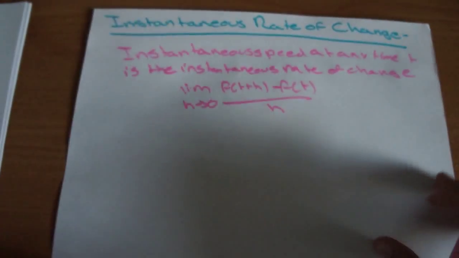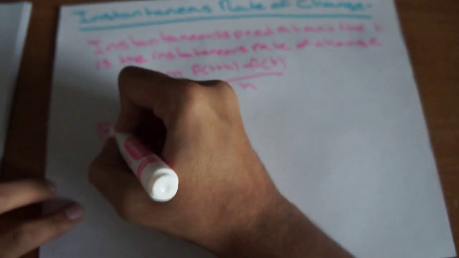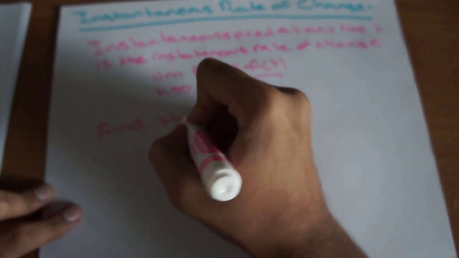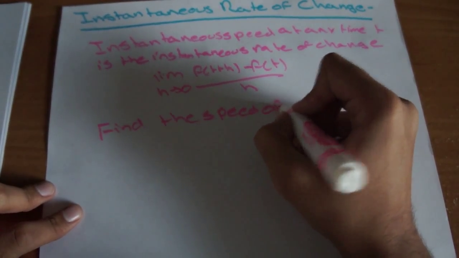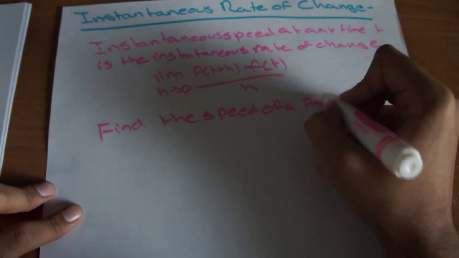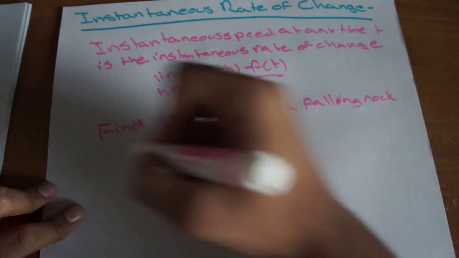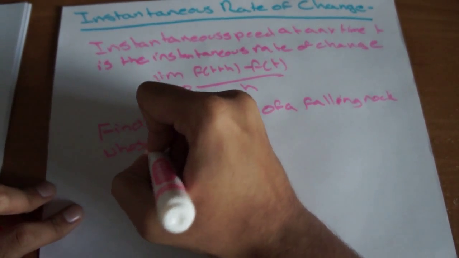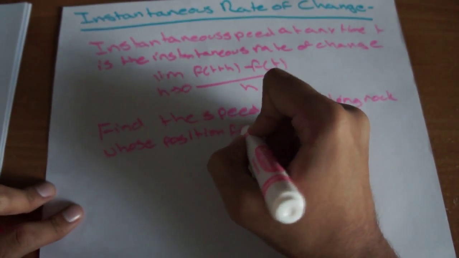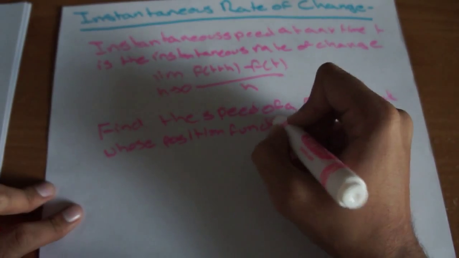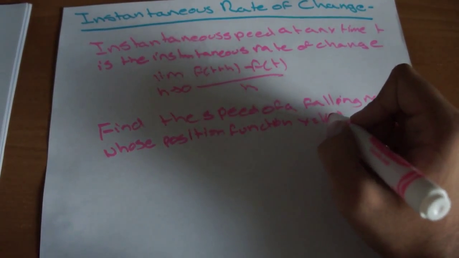So now we have an example in which it asks to find the speed of a falling rock whose position function is y equals 16t squared.